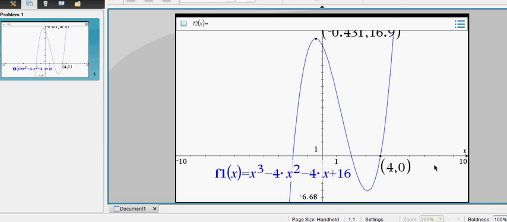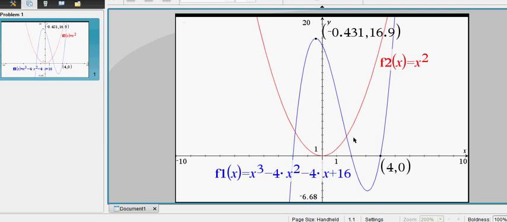Other things we should talk about. You should definitely know how to find those intersection points. If you graph two things, graph both things, see where they cross.